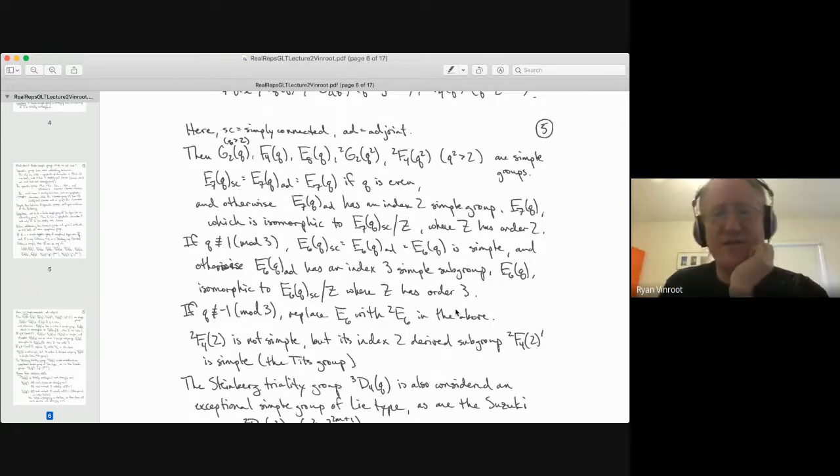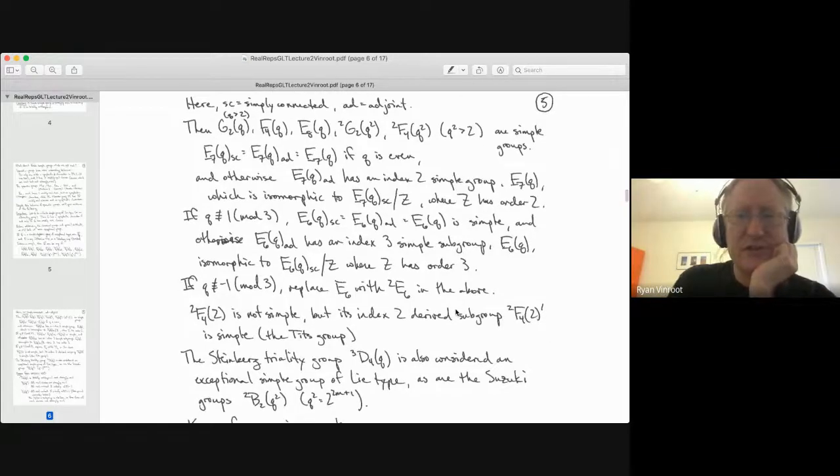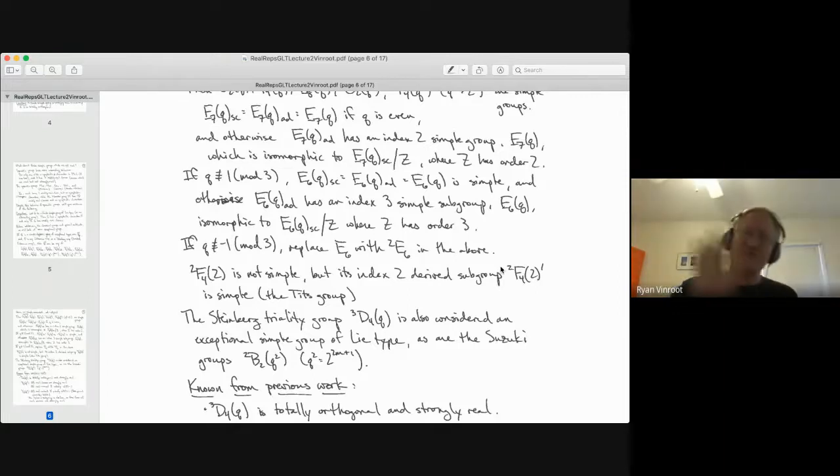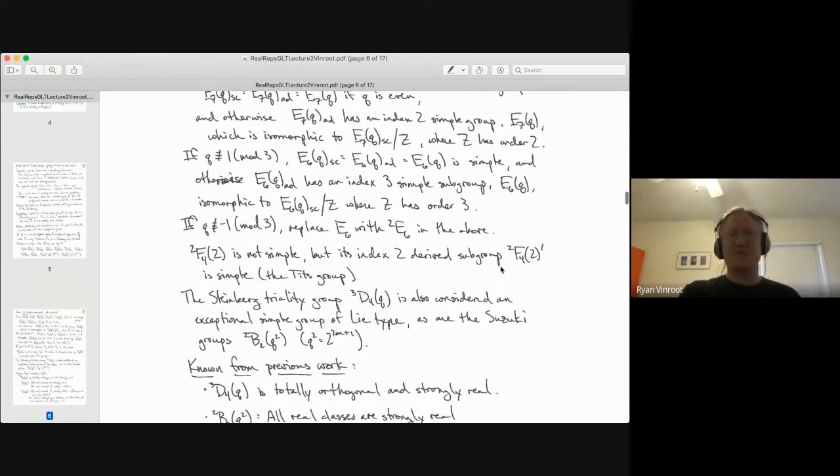I look at it as a finite simple group of Lie type. And as I mentioned before, the Steinberg triality group is considered an exceptional group. And we have these other B2 groups: you can use an order 2 graph automorphism along with this other order 2 automorphism that's number theoretic. These are called Suzuki groups. So that's just a list of exceptional groups.